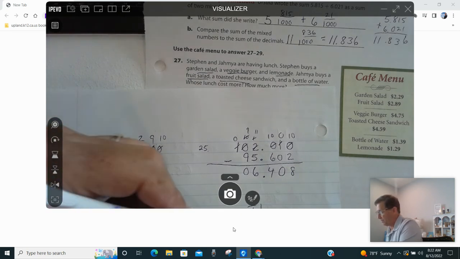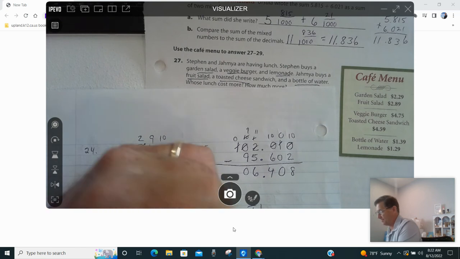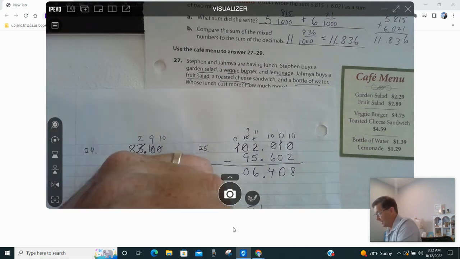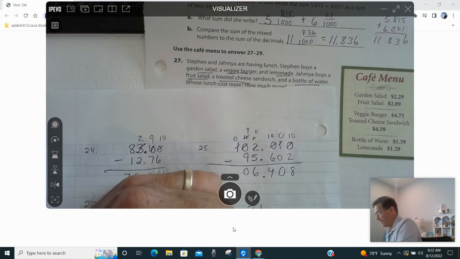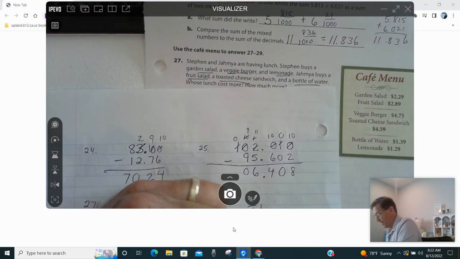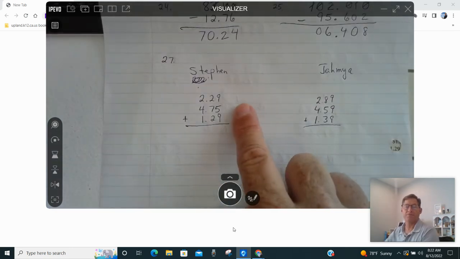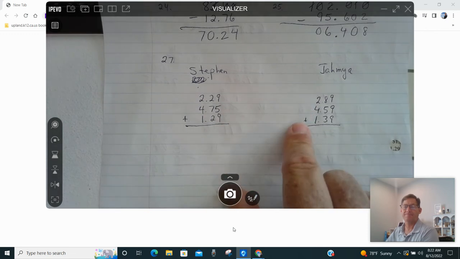Jemiah bought a fruit salad for $2.89, a toasted cheese sandwich for $4.59, and a bottle of water for $1.39. Okay, so we have three numbers to add.